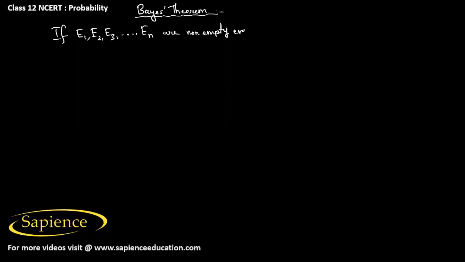So now we shall explain the Bayes theorem. If E1, E2, E3 till En are non-empty events, it means that Ei should not be equal to phi for all i from 1, 2, 3 to n.